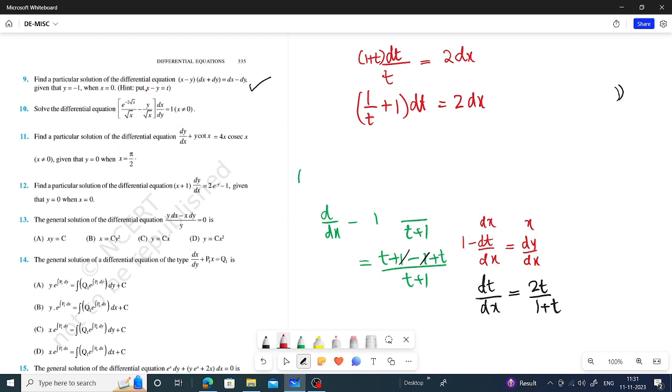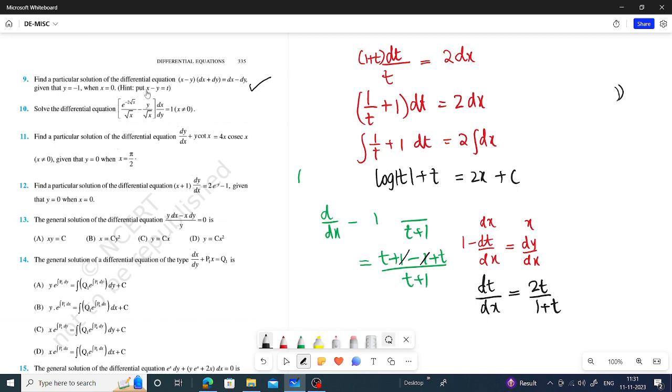Now integrate, this is variable separable form. So if you integrate, integral 1 by t dt plus integral 1 dt equal to 2 into integral dx. So the answer becomes log t plus t equal to 2x plus c, and we had substituted t as x minus y.